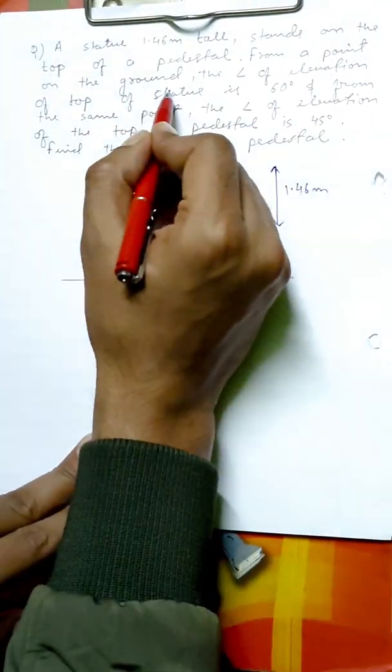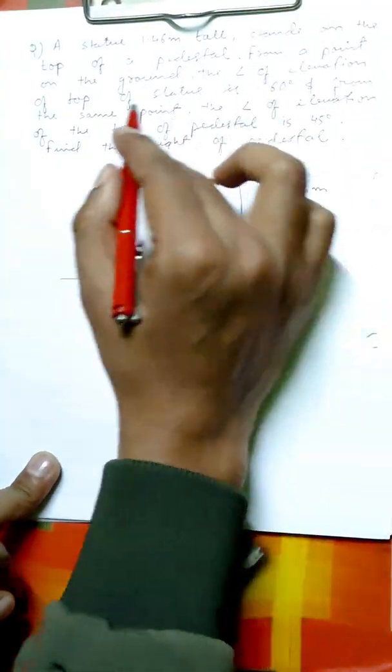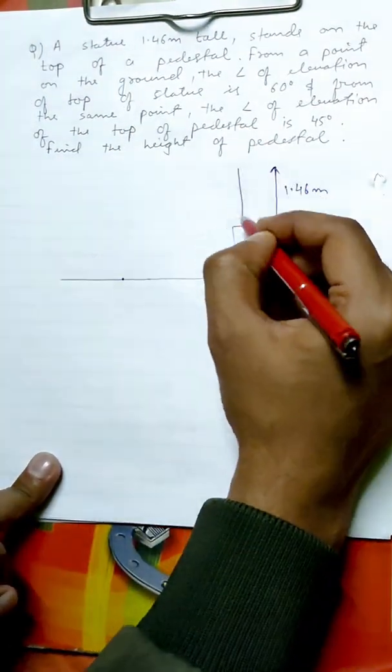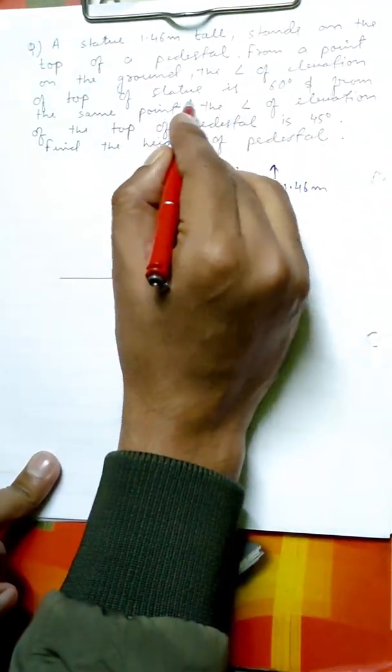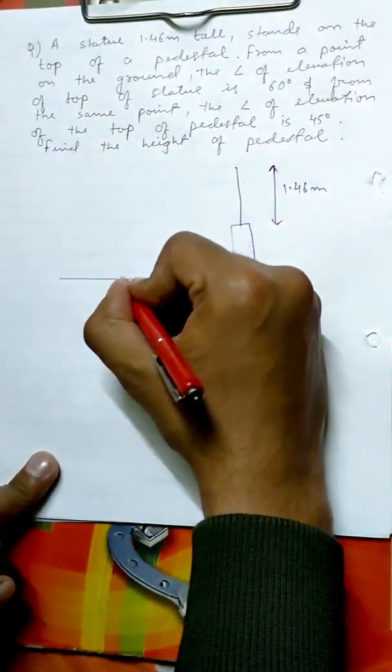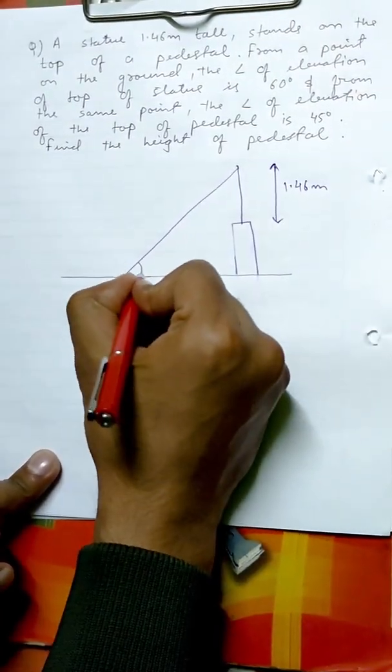It stands on the top of a pedestal. From a point on the ground, suppose this is the point on the ground, the angle of elevation of the top of the statue, this is the top of the statue, is 60 degrees.